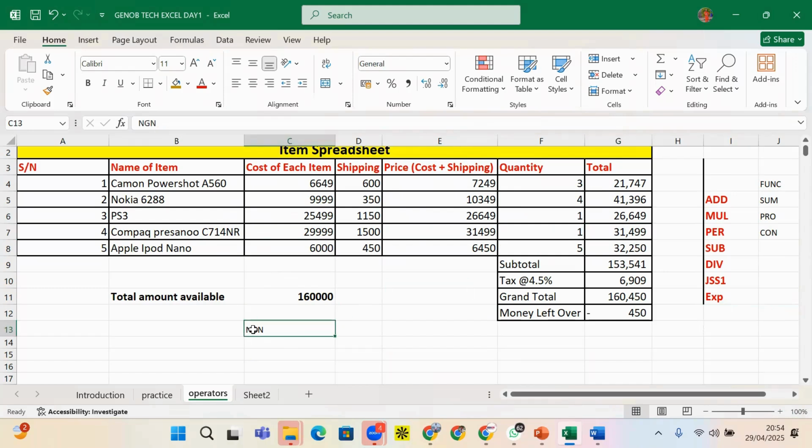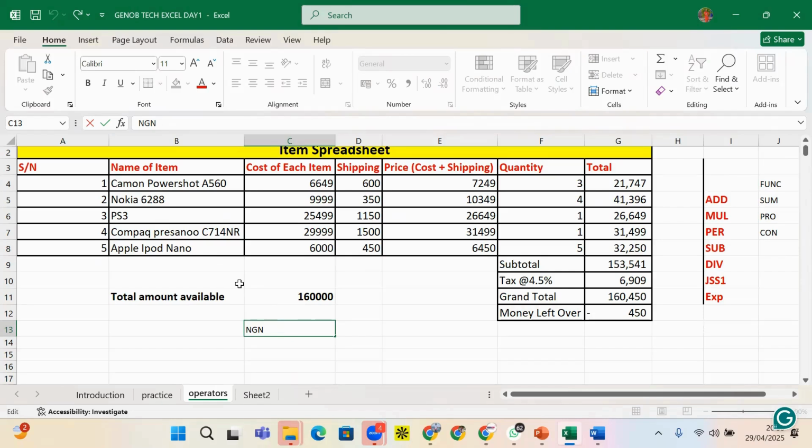You can see NGN is running to the left side. Apple, all these ones, they are running to the left side. But numbers will always be aligned toward the right side of the cell. Exactly, sir.